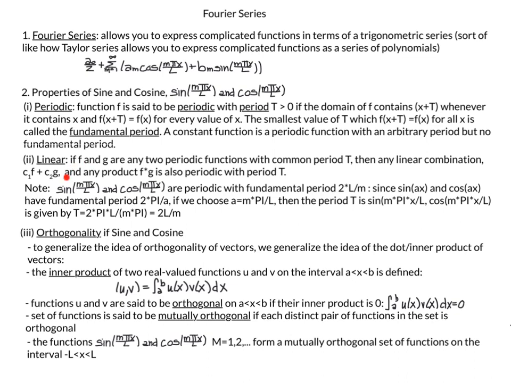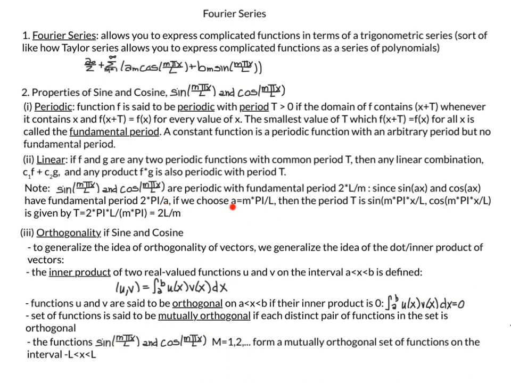We have a note that the period of sine m pi x over L and cosine m pi x over L is 2 times L divided by m. We can see this by noting that first, the period of sine and cosine is 2 pi, and the period of sine and cosine of ax is 2 pi over a.